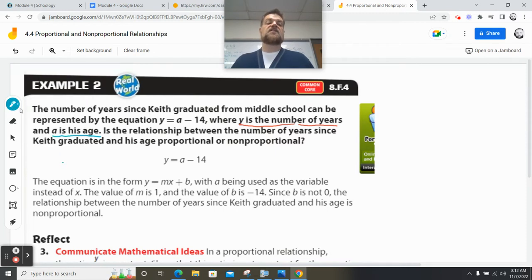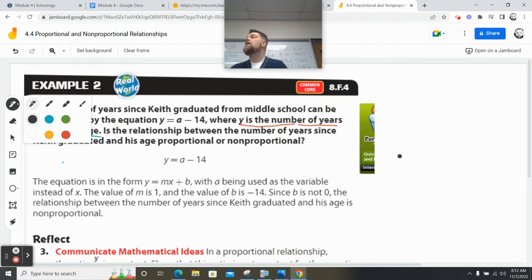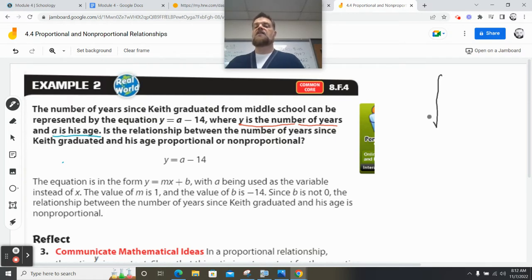So now here's the thing I want you to remember. This is going to help you. We said if it goes through the origin, then it's proportional, right? So I want you to think about this. I've got a graph. Remember, this is the x-axis.